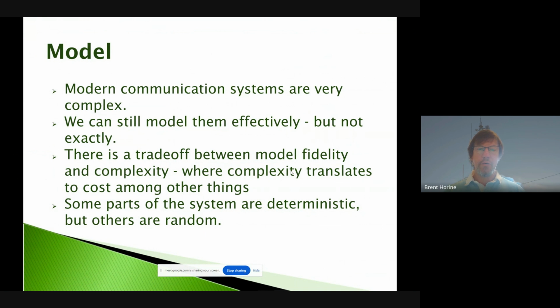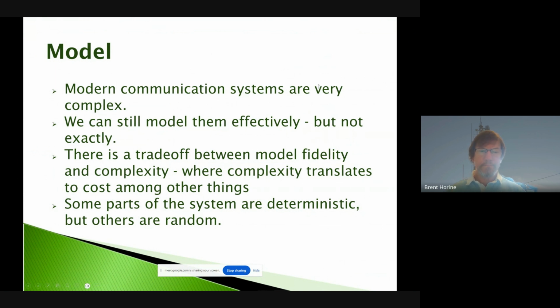And so there's a limit to how far you want to go. So typically, we'll focus on the particular part of the overall problem that we're trying to solve or address, and model that part of the system very accurately with a lot of fidelity, but make a lot of assumptions and simplifications elsewhere in the system.